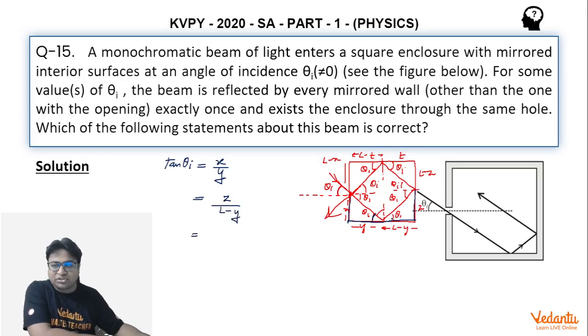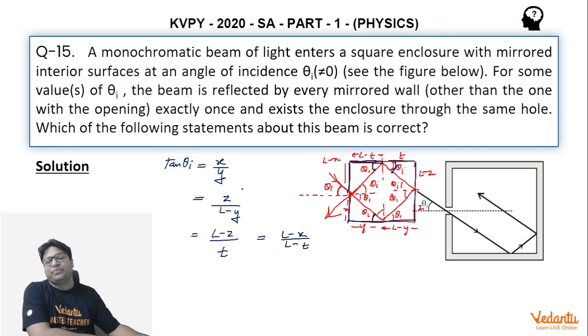From this, it can also be written as L minus z divided by t. And it can also be written as L minus x divided by L minus t. So tan theta I can be written like this.